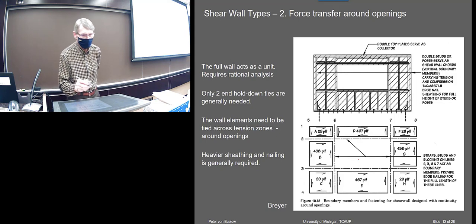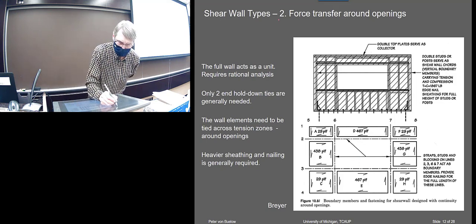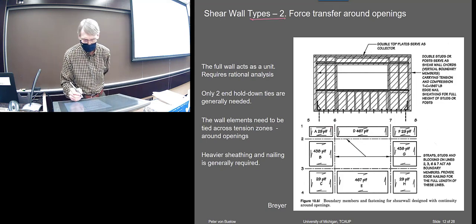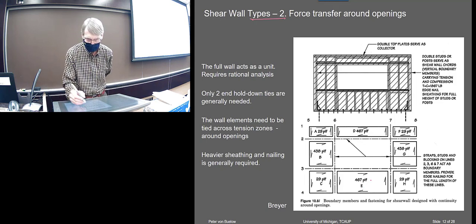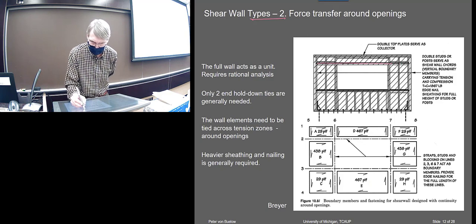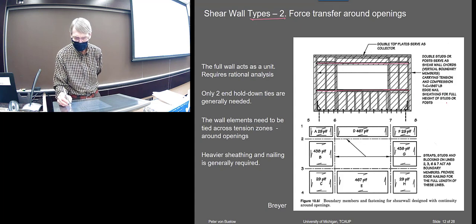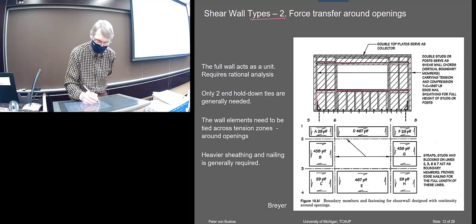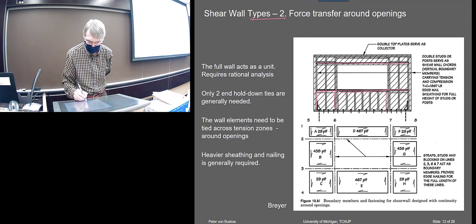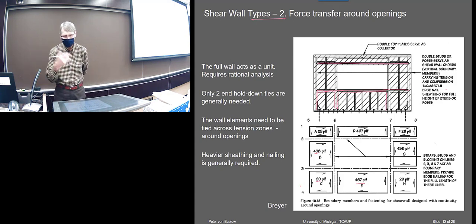Okay, so here's type 2, right? This is the one with the collector struts, and it's a little bit more trouble to calculate too. You have to first design these steel straps, or at least pick them out of a table. They get inset and nailed onto the framing, and then essentially you've got each one of these little segments as a separate shear wall, and you calculate the strength of each of these and add it all together.